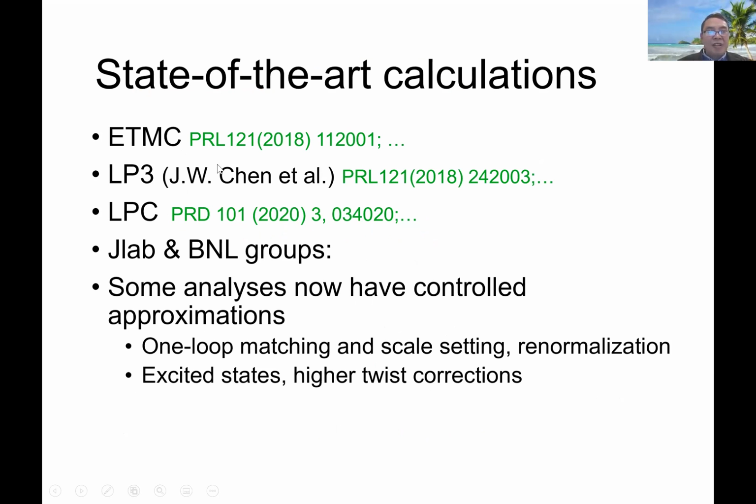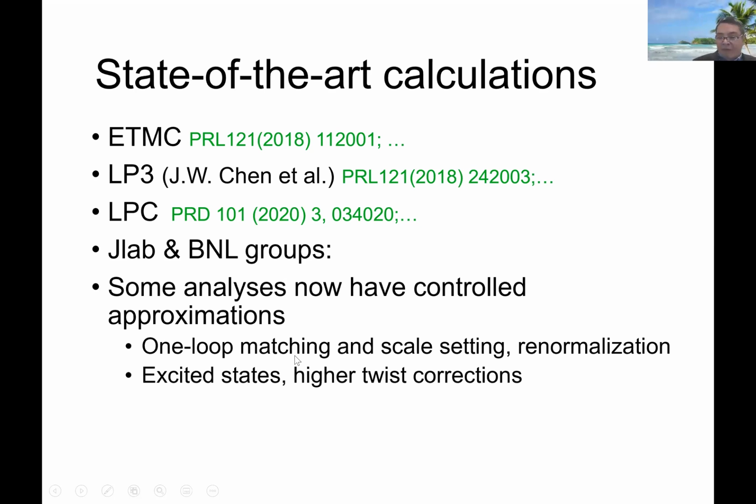The ETMC is the European collaboration, LP3, and Zhengwei Chang, actually from National Taiwan University, played a very important role in the LP3 collaboration, and we published many papers. And then the LPC collaboration, a new collaboration now in China, has recently done a lot of calculations.